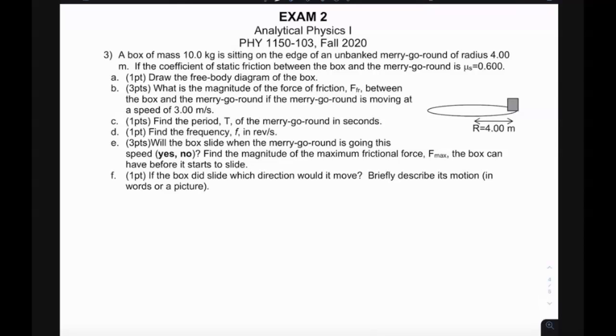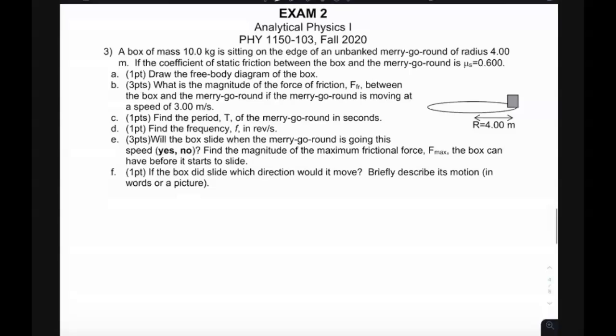Well, let's do that. Here is the body, and horizontally there is a force acting inward, causing it to change its direction and to continue to go around in a circle.